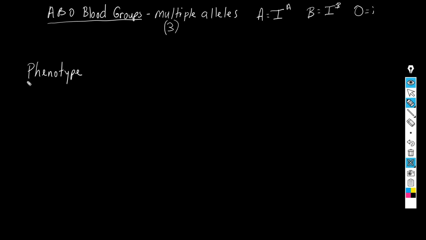And the phenotype, when we're dealing with ABO blood groups, is actually the blood type. Now, this is a little bit different than other traits that we have learned about. And it's different because with other traits, you can look at a flower and tell if it's purple.